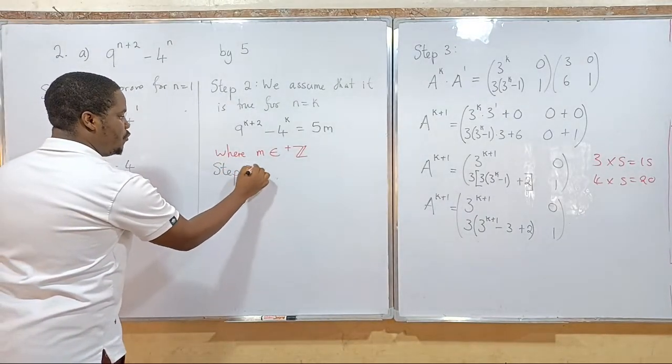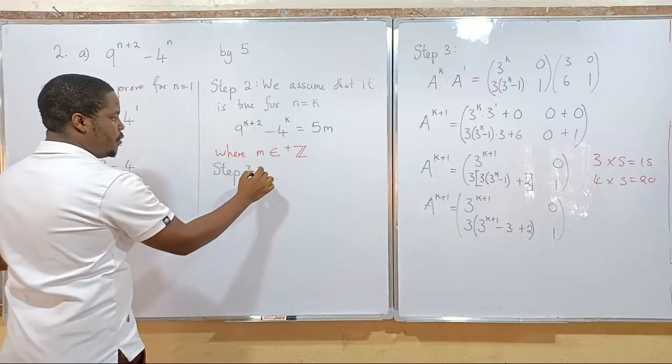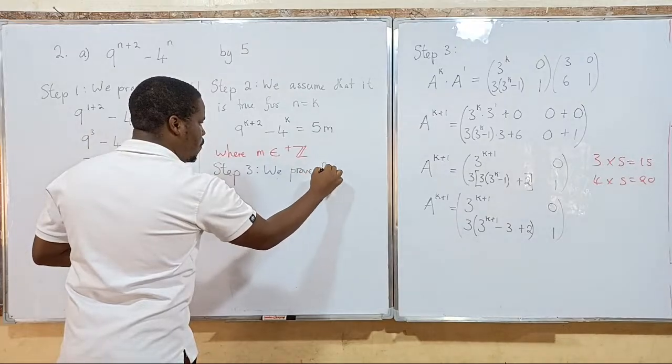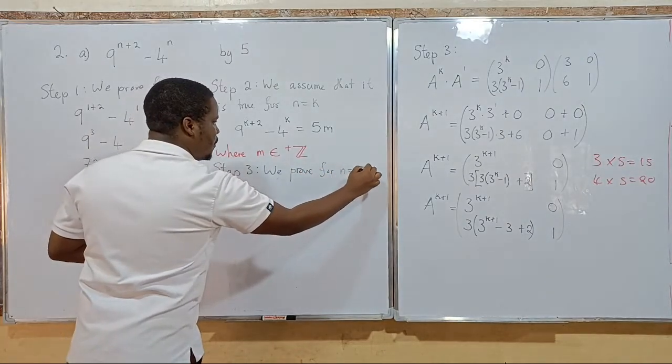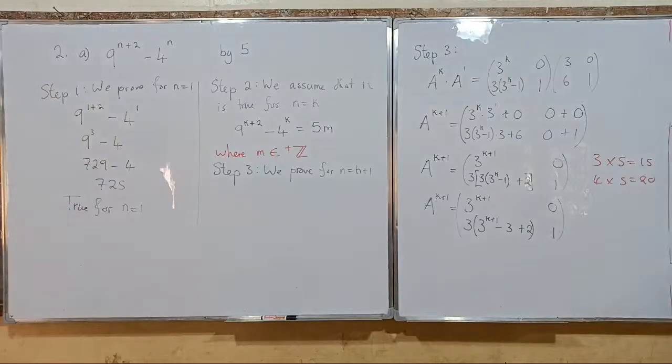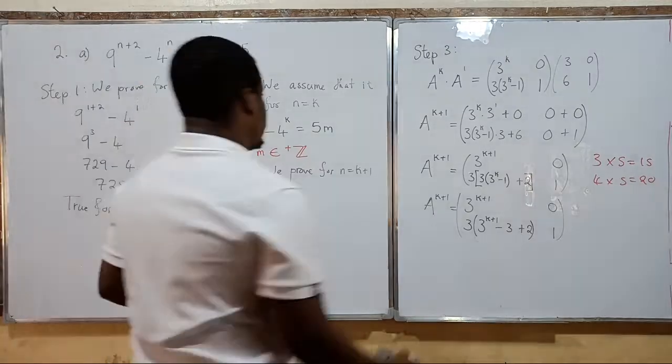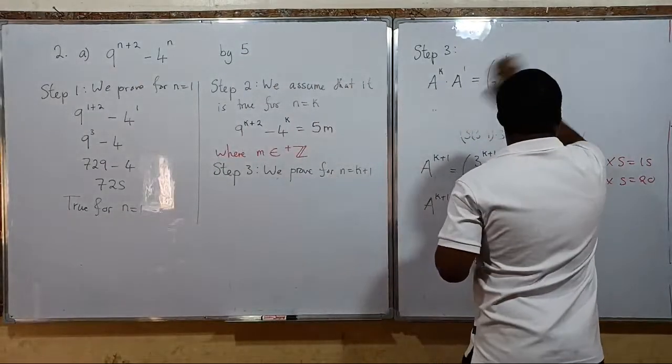Now, I'll show you how you use step 2 to answer step 3. So we prove for n is equals to k plus 1. So this is what we're going to do. Remember this.